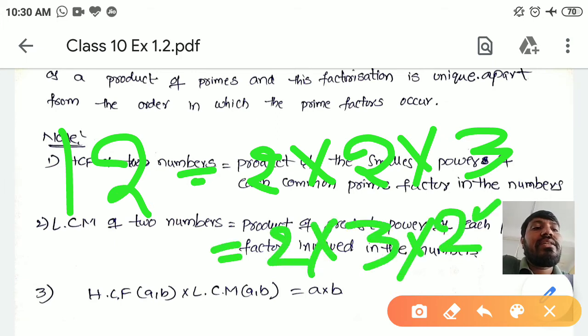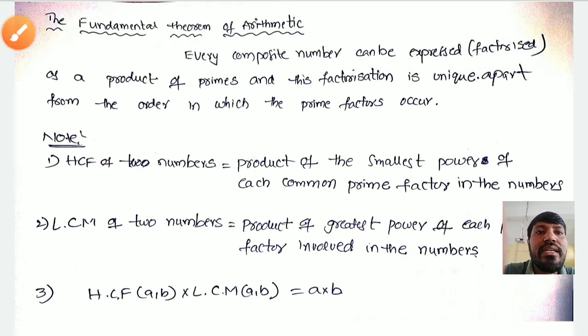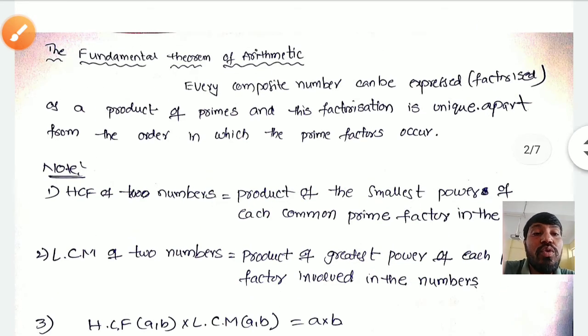This is also right, and you can write it in any way. This is called the fundamental theorem of arithmetic. Note that it applies only to composite numbers, because a prime number cannot be expressed as a product, since it has only 1 and itself as factors.